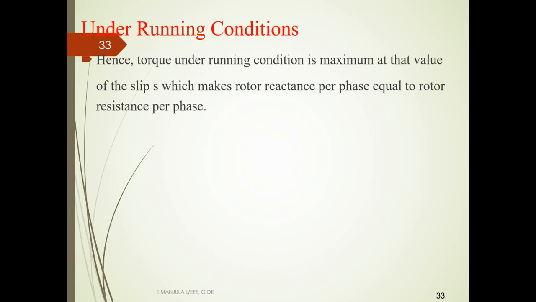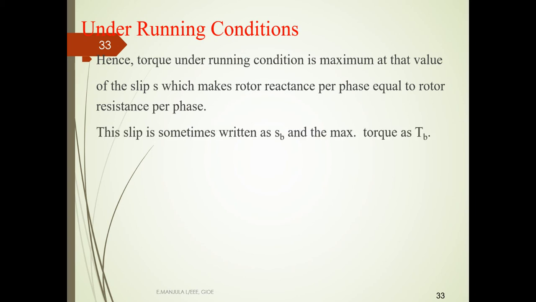Hence the torque under running condition is maximum at the value of the slip where Sx2, the rotor reactance per phase, is equal to the rotor resistance per phase. So the slip is sometimes written as Sb and the maximum torque as Tb.